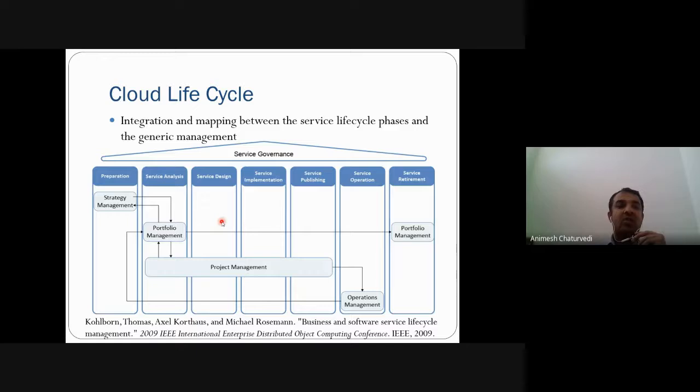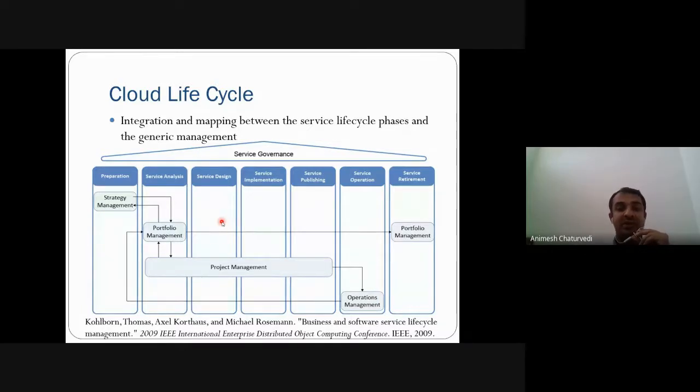Then in the cloud life cycle, they are trying to integrate the cloud lifecycle with the generic management phase. The generic management phase is like service governance: how the service should work out, how strategic management should work out, portfolio management, project management, operational management.